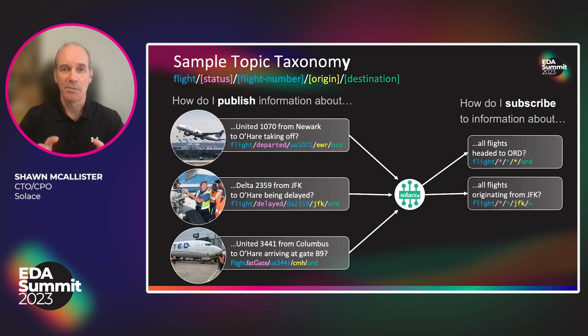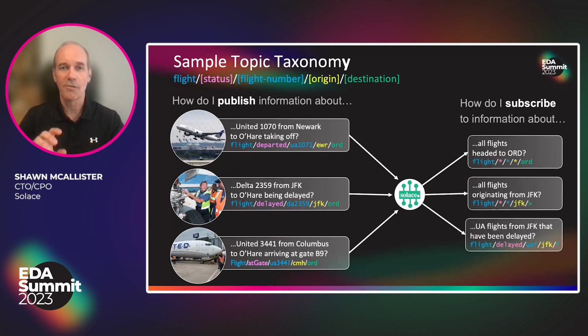But then what's really cool is I can do these kinds of more sophisticated filtering where I can look for United flights from JFK that have been delayed. So the way I do that is I say my subscription is flight delayed UA asterisk, so any flight number that starts with UA and whose origin is JFK.